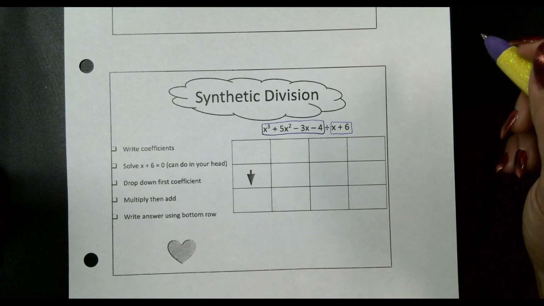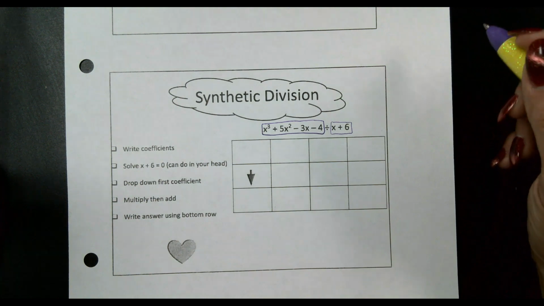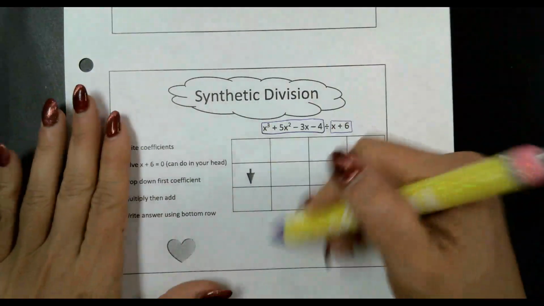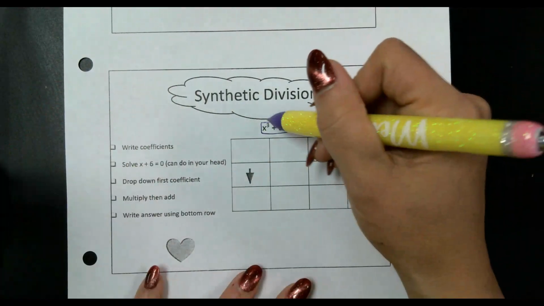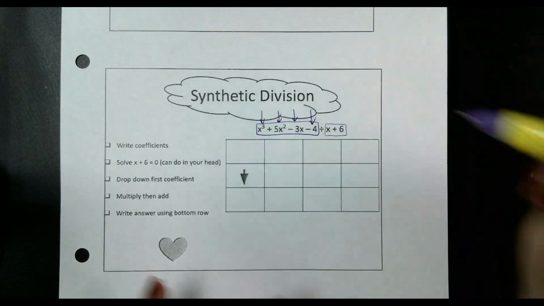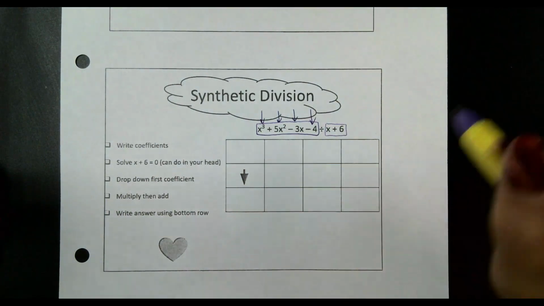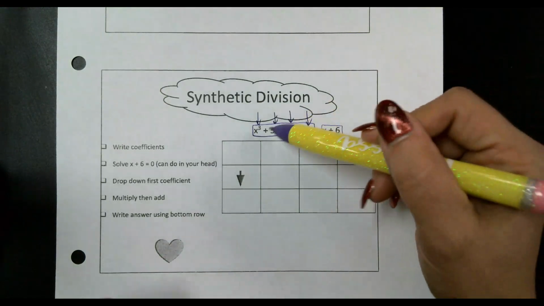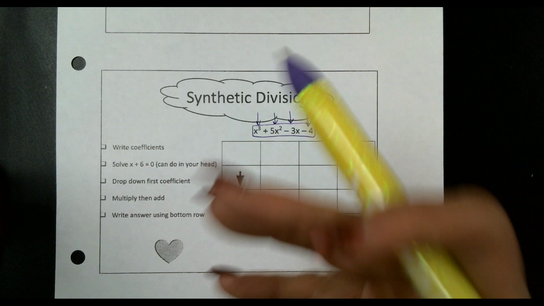One thing to remember, look up at the board, there are always going to be 3 rows no matter what. The number of columns is based on how many terms you see in the first polynomial. So how many terms do you guys see there? 4. Notice my exponents go 3, 2, 1, none.